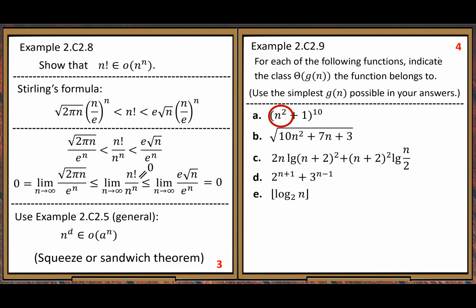The first one, we take the dominant term and drop the minor term. We know that -1 is very little, so we can ignore it. Just take n squared, and then raise to the 10th power, you get big theta of n to the 20th. The first one is very easy. For the second one, we also take the dominant term and ignore the minor terms.